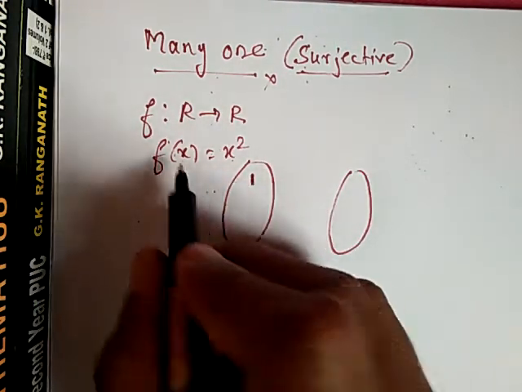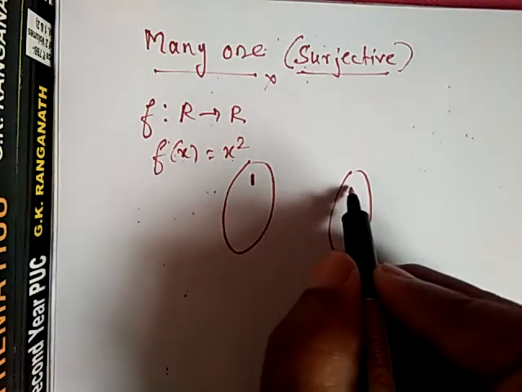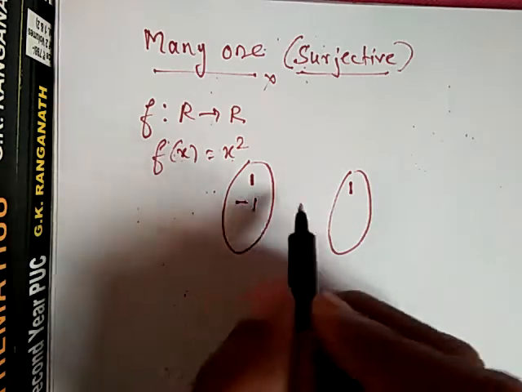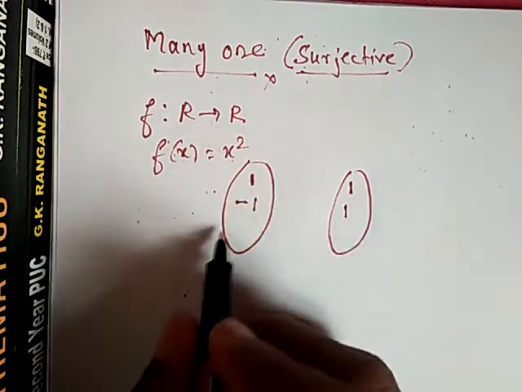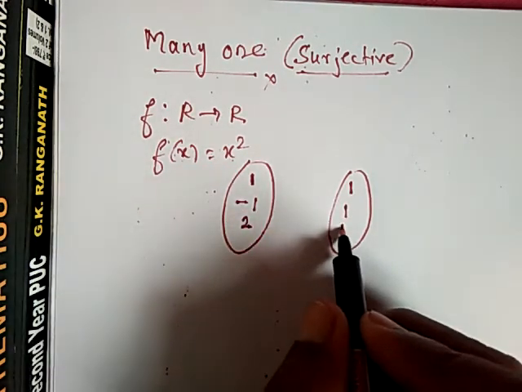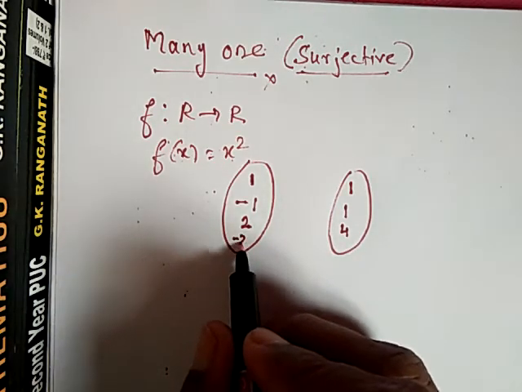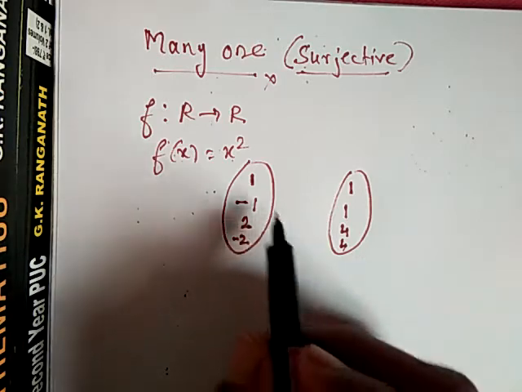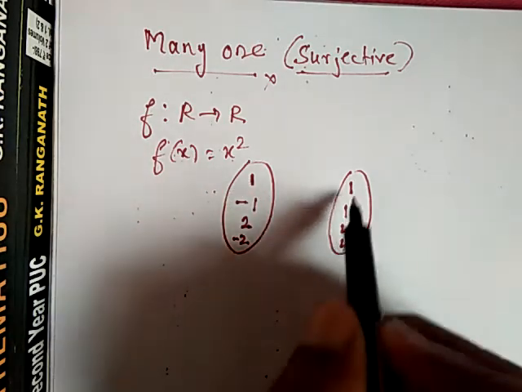If you put 1 here, what is f of 1? It is 1. If you put -1, you again get -1 square, which is 1. If you put 2, you get 2 square, which is 4. If you put -2, you again get 4. So both have the same image.